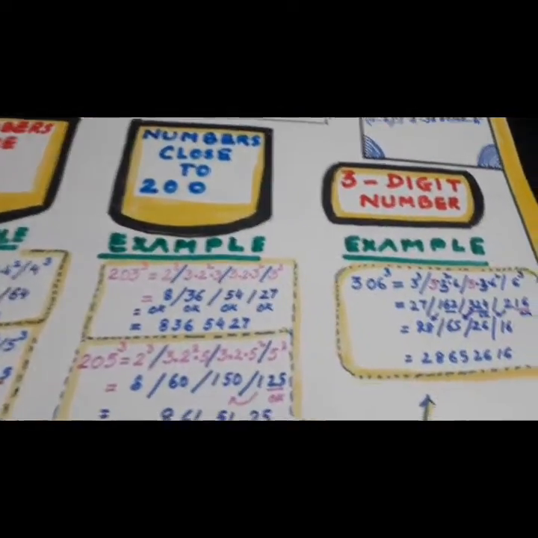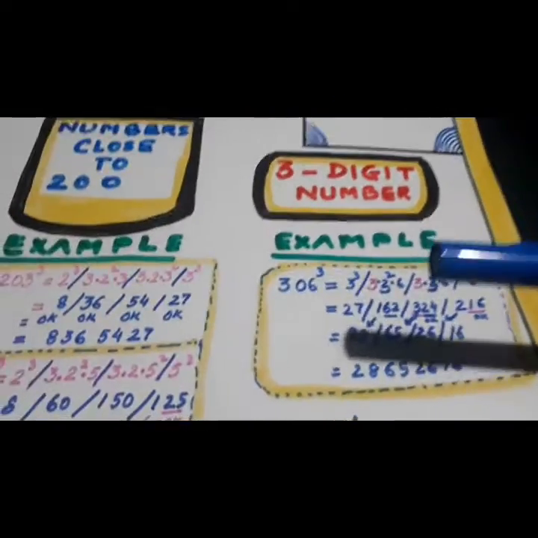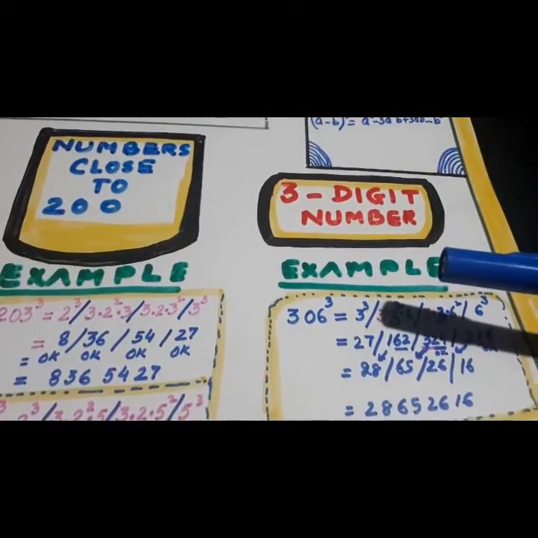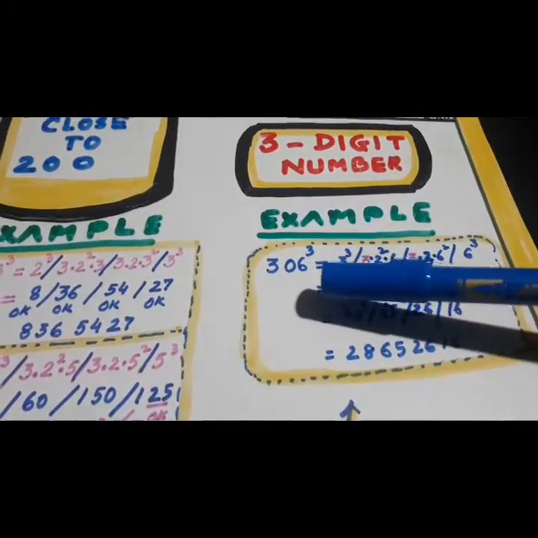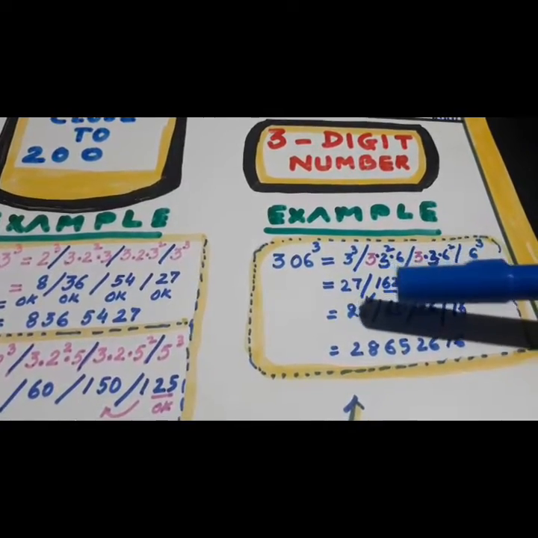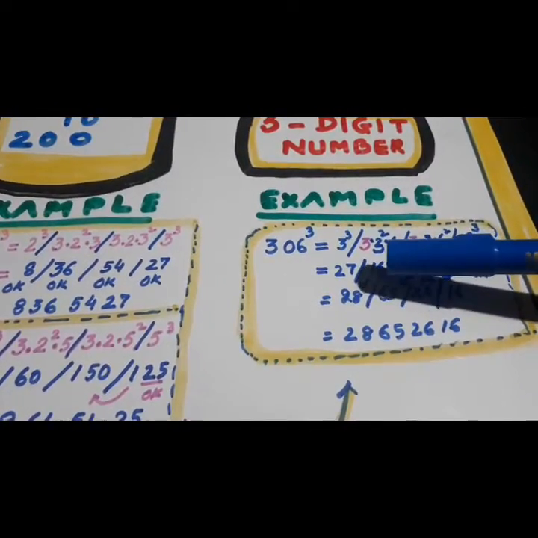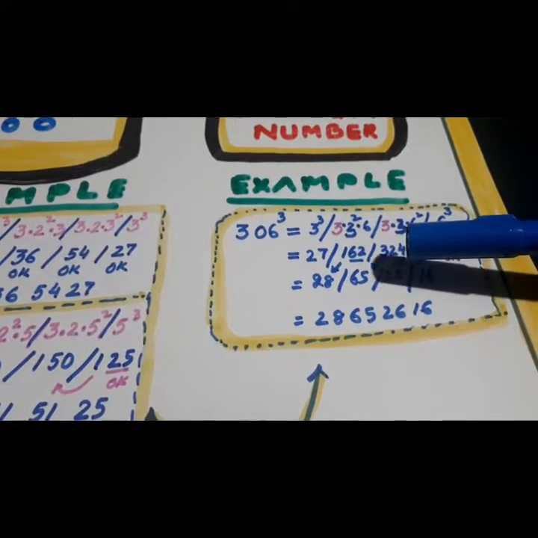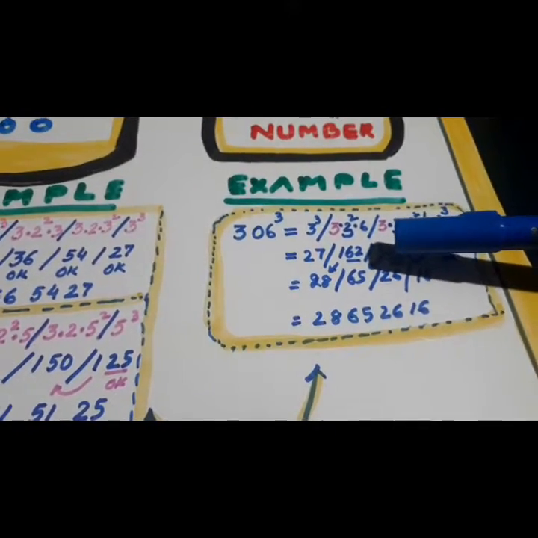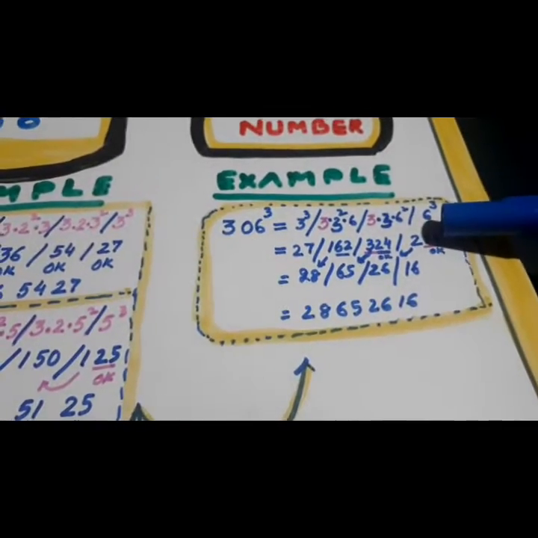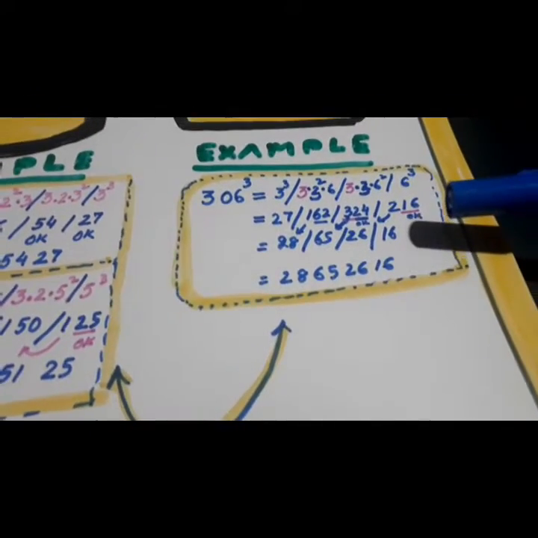And in this case, it is 3-digit number. 306 is there. 3 cube, a cube, 3a square b, 3 square 6, 3ab square, 3 into 6 square, and 6 cube. What you find here?